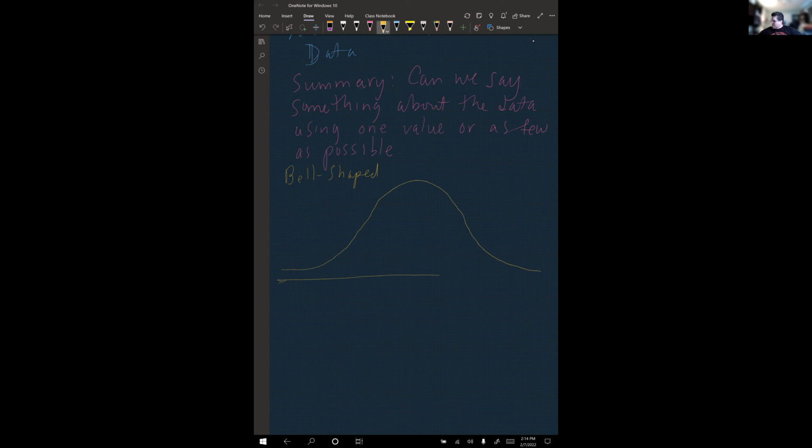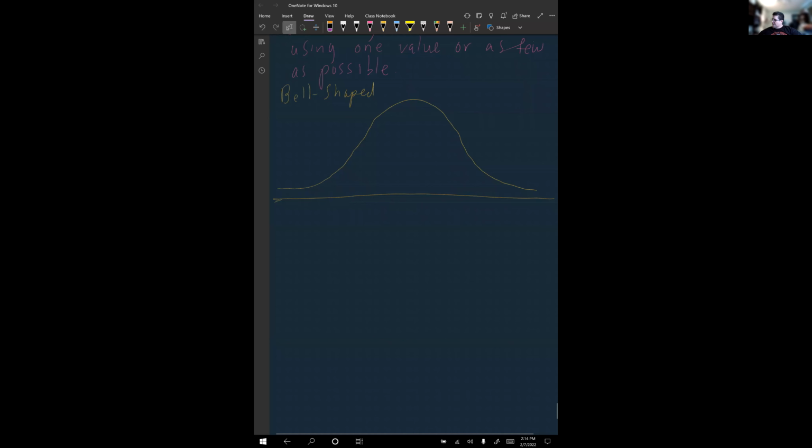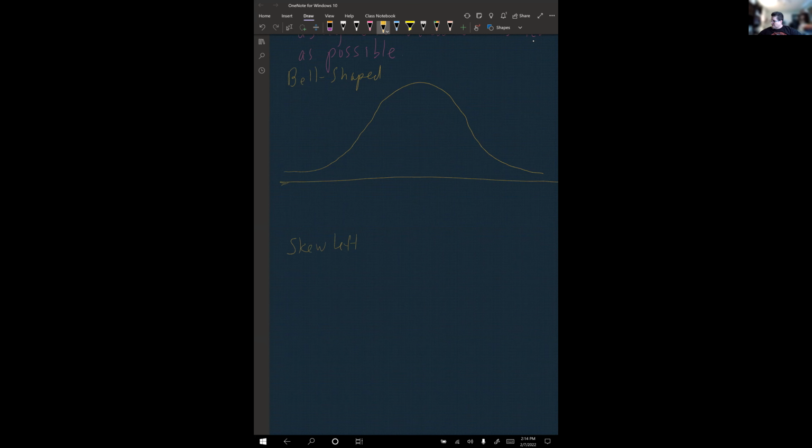We have a number line, and I'll put a skew left on the screen real quick, just to get an idea how they're different, because skew left means the tail is longer on the left.